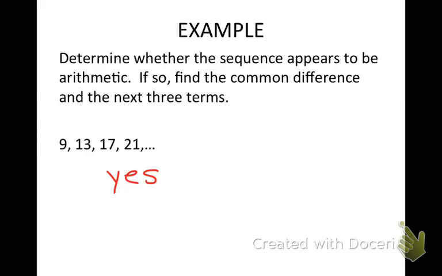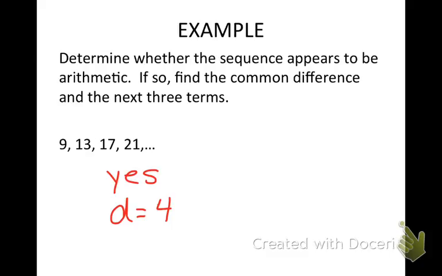What is our d going to equal? Well, what's the common difference first? Plus 4. All right, so we're adding 4. So my d, remember we're using d to represent our common difference, is 4.